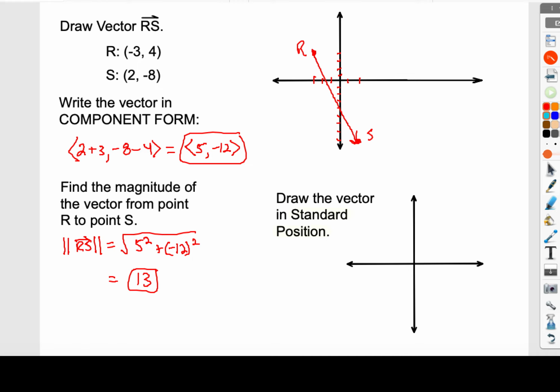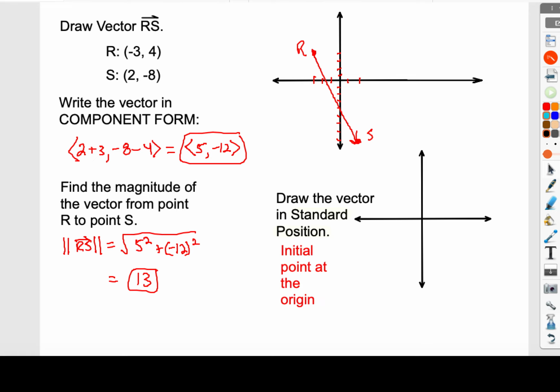Now, because we can draw a vector really in any spot or any position, what we can actually do is draw them in what's called standard position. A standard position vector is one that has an initial point at the origin. So instead of being up where R is in this first top screen, we're going to start from the origin. But what I really want is this exact same vector that I've already drawn, only I want that down below here.